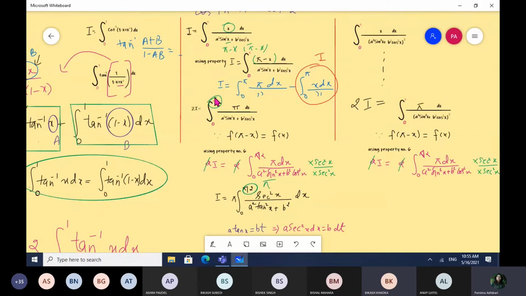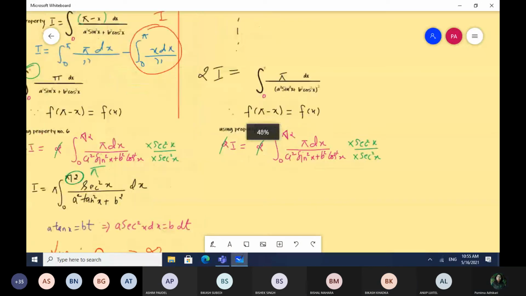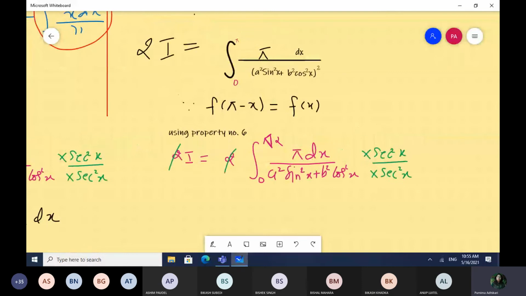So you will change it in the beginning. Same case here also. Okay, but there will be certain changes here.